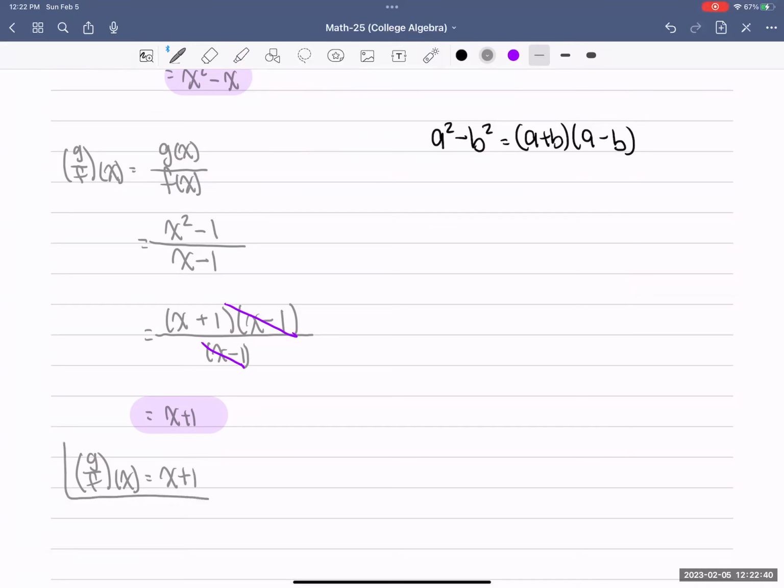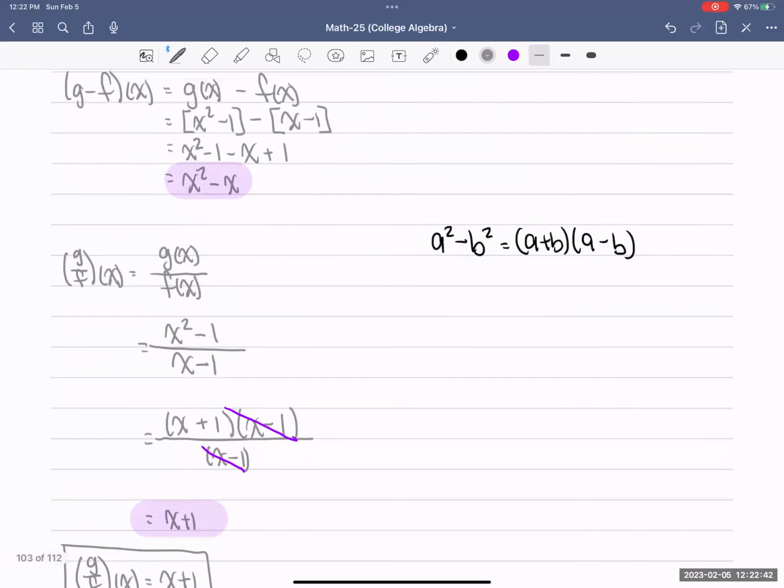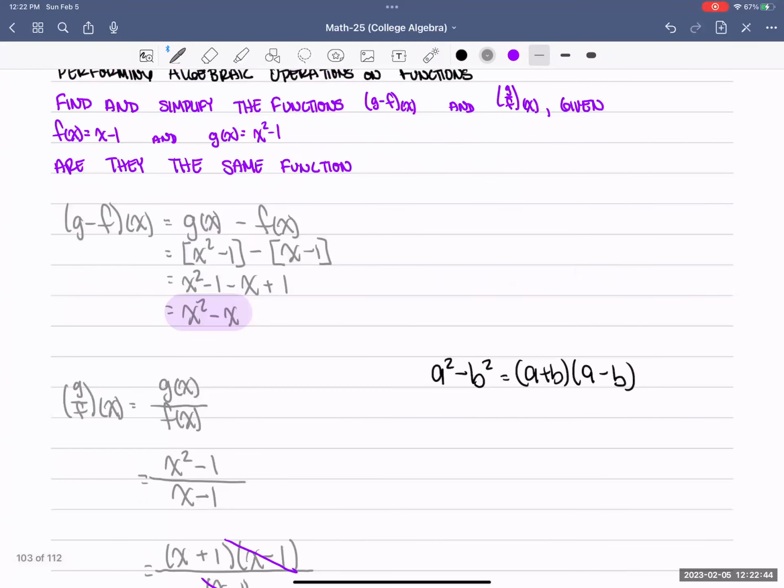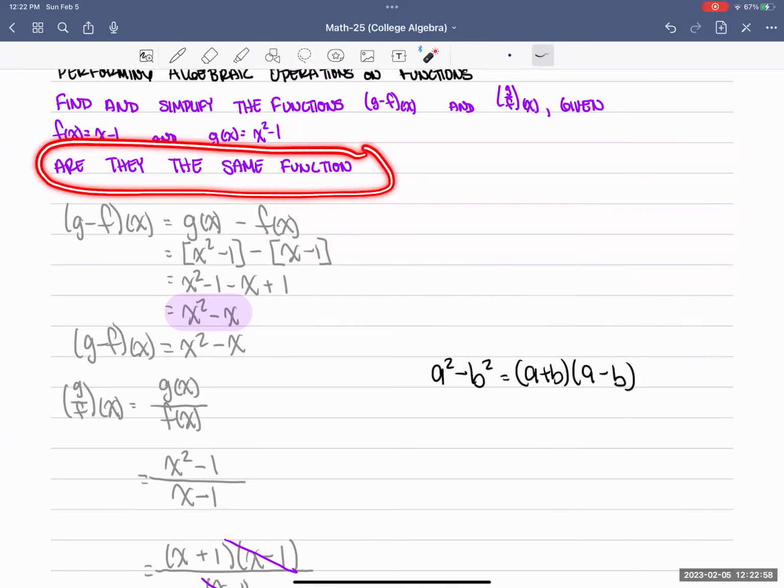That's our final solution here. Just like the final solution up here is going to be g minus f of x is equal to x squared minus x.